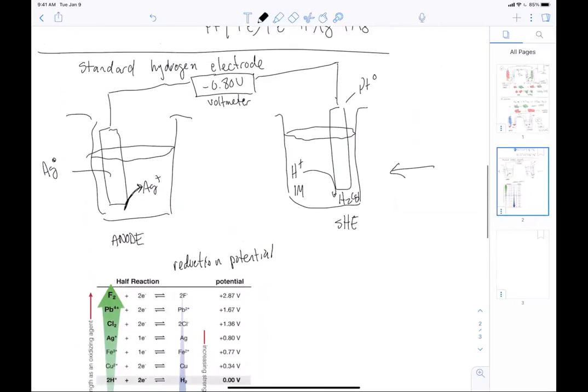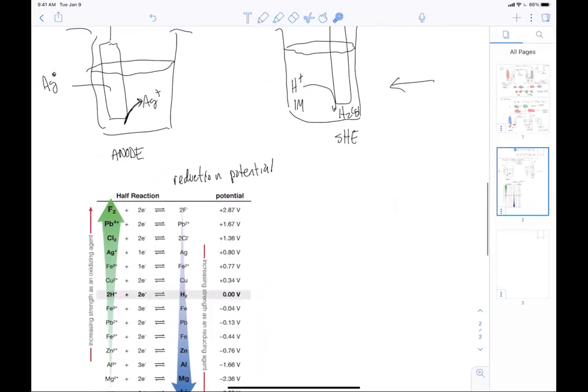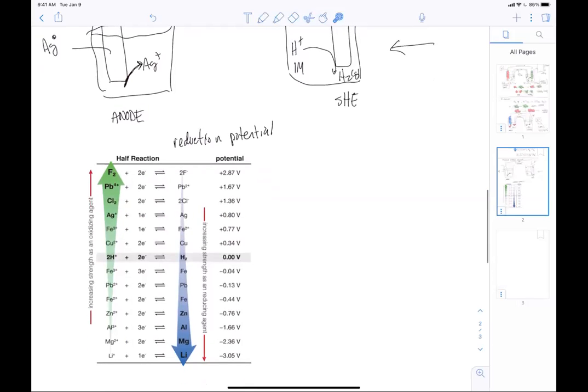So here, you'll note that we're looking at the oxidation of silver 0 to silver plus, and the voltage is negative. In the table here, the voltage is positive, but that's just because I flipped it around. So now I'm looking at the opposite of that reaction. If I flip a reaction, the voltage is the same magnitude, but it has opposite sign.